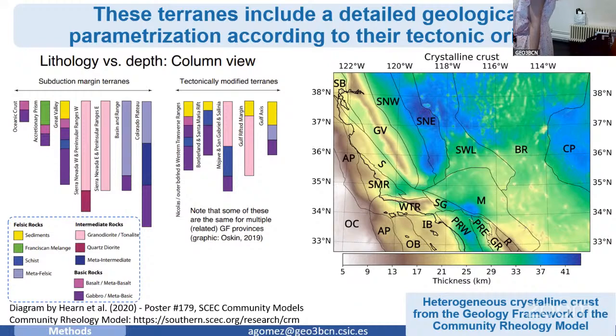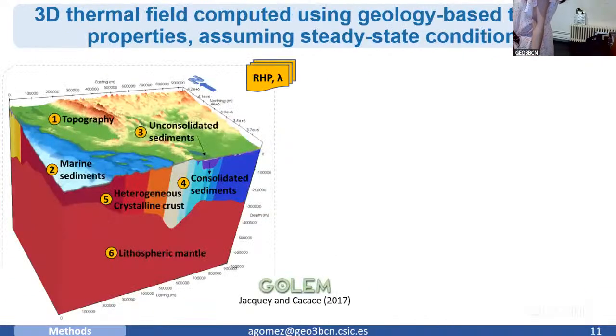And I am actually using these definitions also in my model to populate the radiogenic heat production and thermal conductivity. So I have pretty much a cube of thermal properties that varies both at depth and spatially, following that.